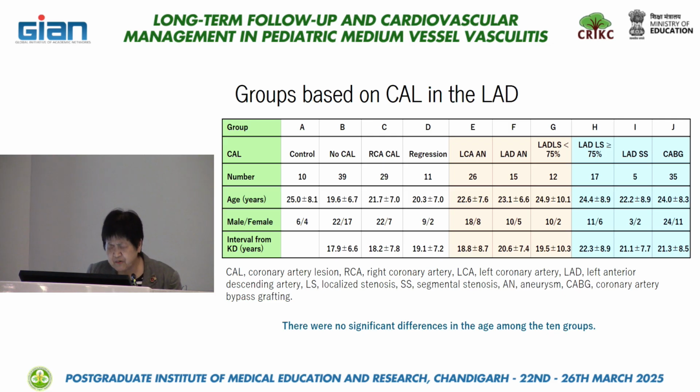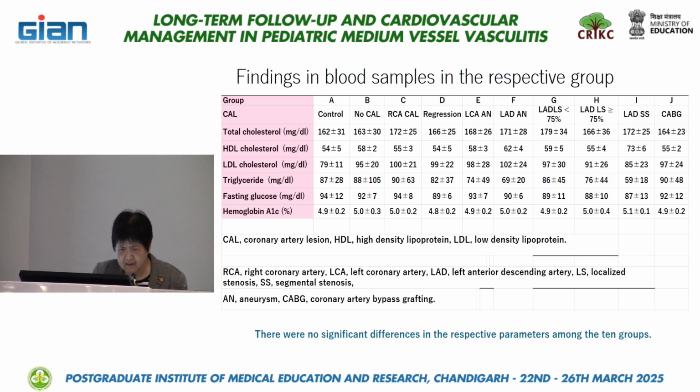Based on each coronary artery region, 9 groups were divided. Finding in blood sample in the respective group, there were no significant difference in the respective parameter among 10 groups.